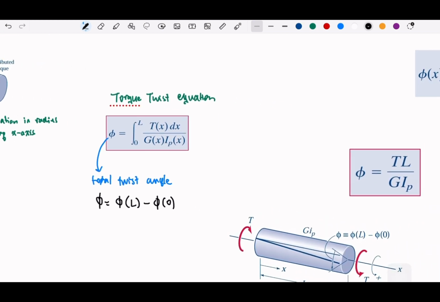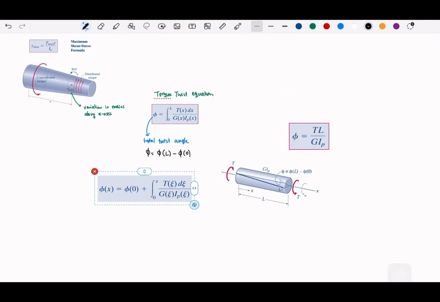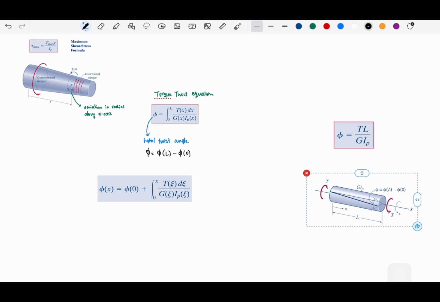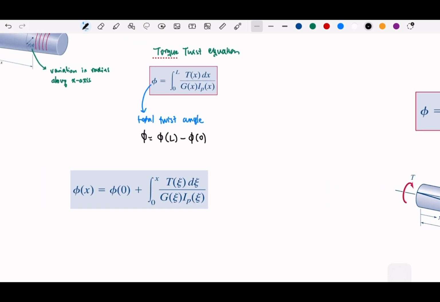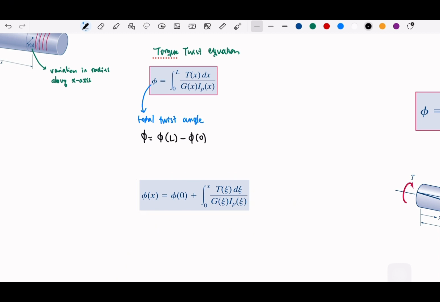And the angle of rotation, let me put here, this is the angle of rotation at cross-section X.